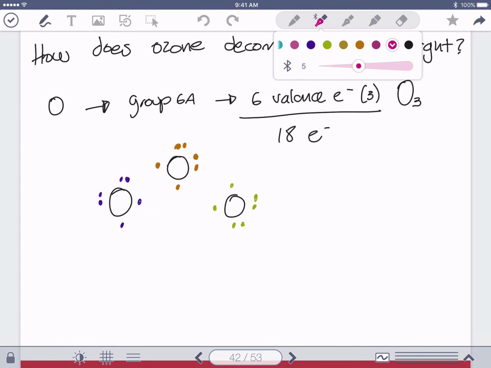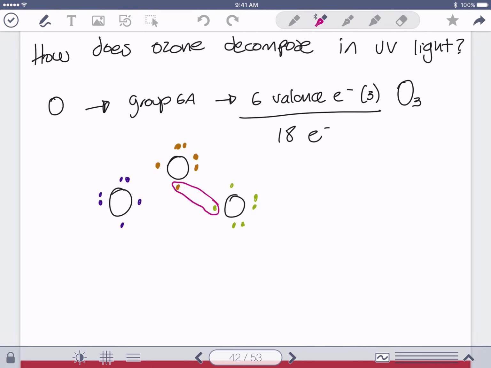So let's see. These two are going to combine, and they're going to form a single bond. Obviously, each of these has to be linked at least once. But when you look at it this way, you're going to notice that I have one single electron over here and one single electron over here. Is that really possible?